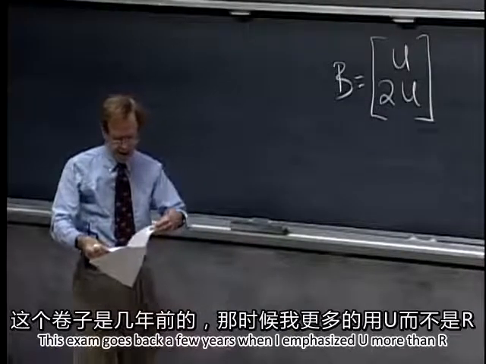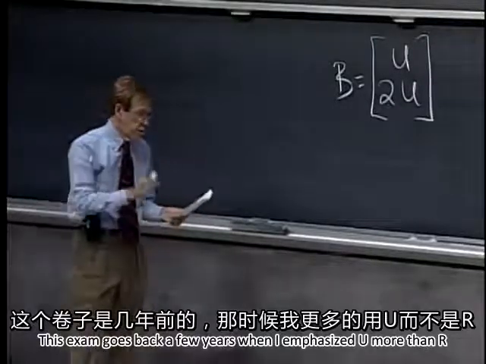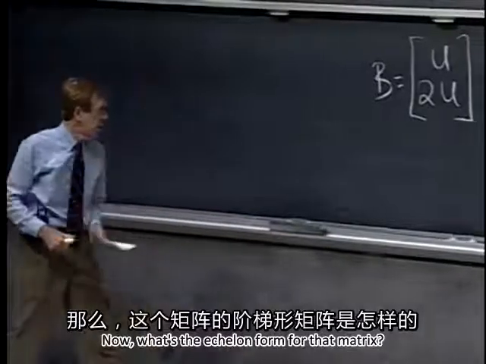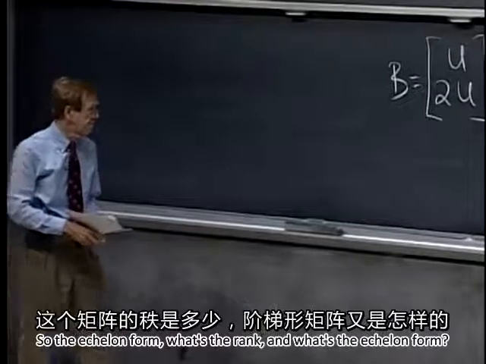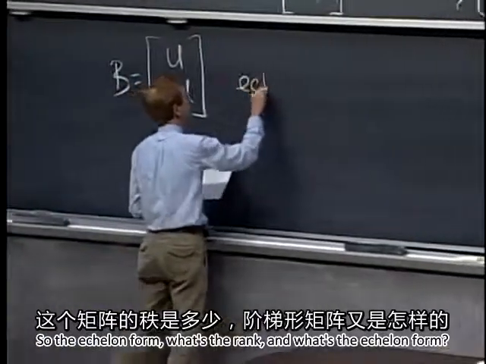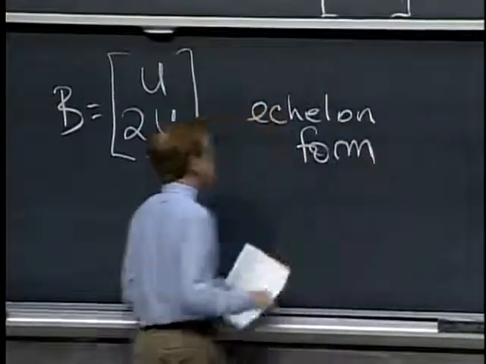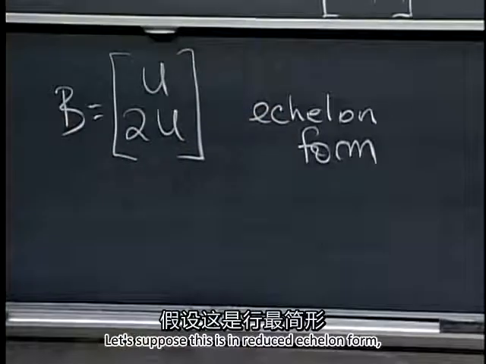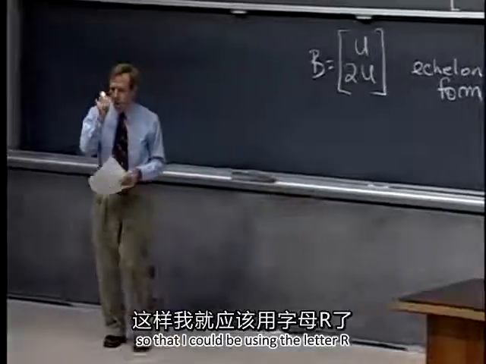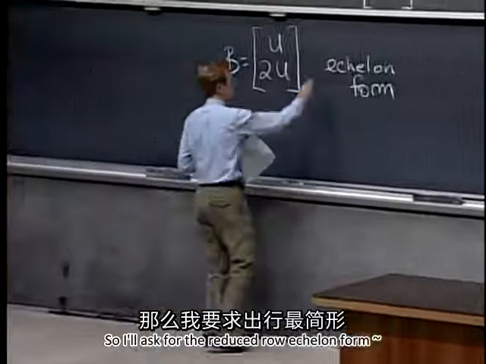This exam goes back a few years when I emphasized U more than R. Now, what's the echelon form for that matrix? So what's the rank and what's the echelon form? Let's suppose this is in reduced echelon form so that I could be using the letter R. So I'll ask for the reduced row echelon form.